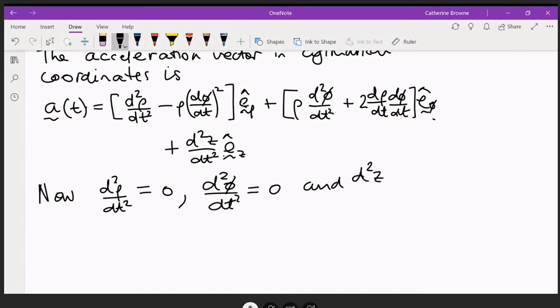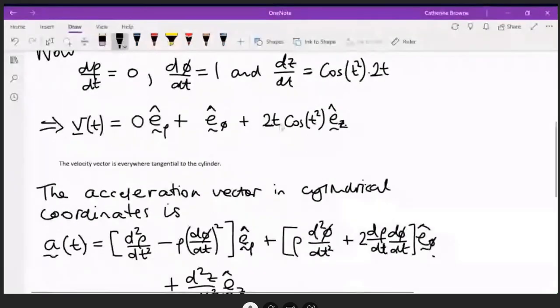And when we differentiate z twice with respect to t, first we differentiate the 2t and leave the cos t squared alone.